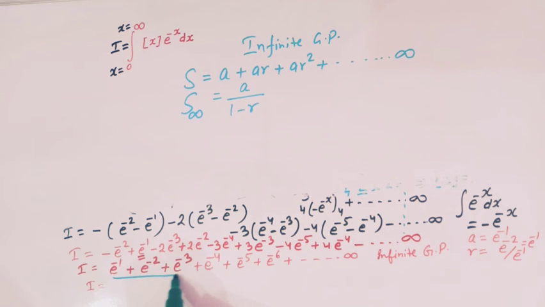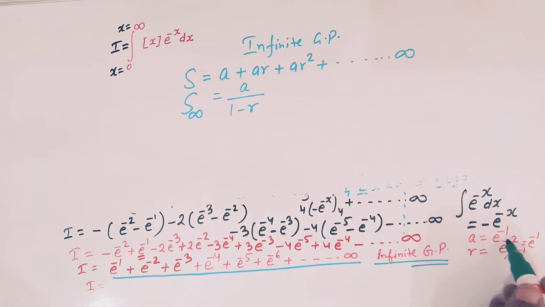So this infinite series is an infinite geometric progression whose first term is e raised to minus 1 and the common ratio is e raised to minus 2 divided by e raised to minus 1, that is e raised to minus 1, right?